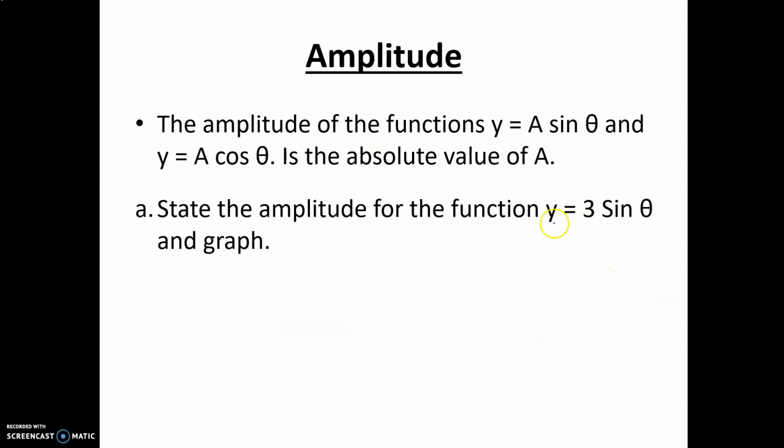All right. So here, they give us a function, y equals 3 sine of theta. So my amplitude is now 3, and you're going to graph it. So I'm just going to graph the 0 to 2 pi both ways.